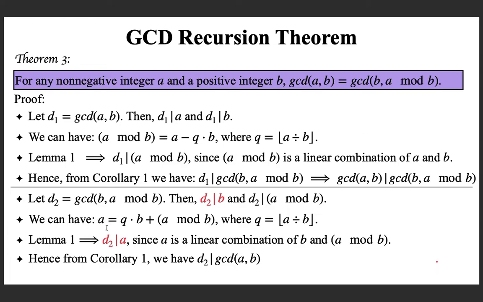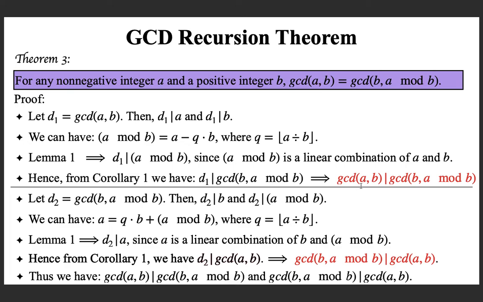Now what is D2? You substitute the value of D2, which is GCD of B and A mod B. So we are saying that GCD of B and A mod B divides GCD of A and B. Now you see these two results. Here we are saying GCD of A and B divides GCD of B comma A mod B, and here we are proving that GCD of B comma A mod B, the RHS of this equation, divides GCD of A and B, the LHS of the equation.